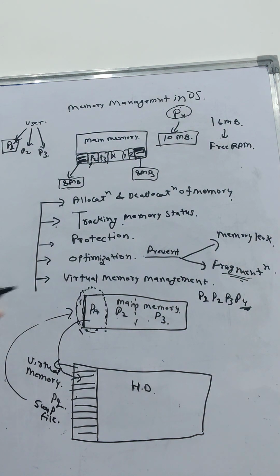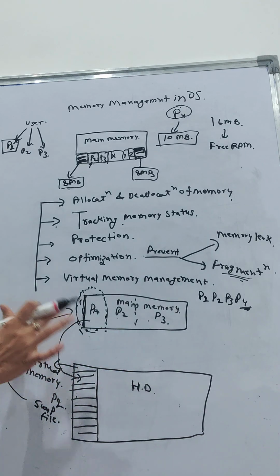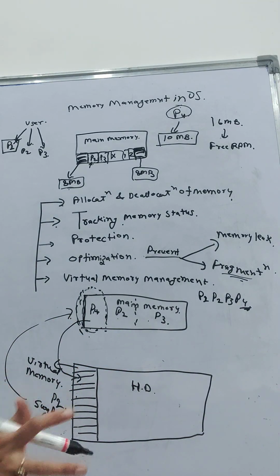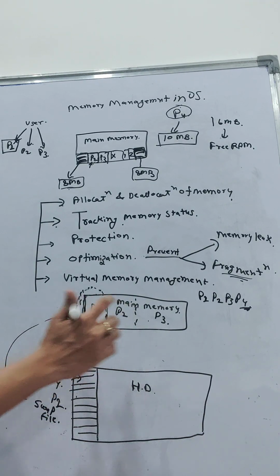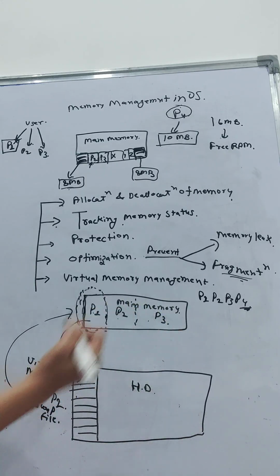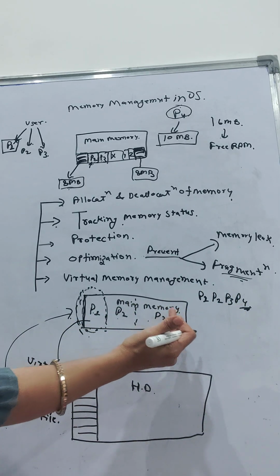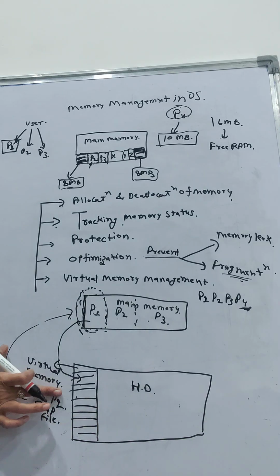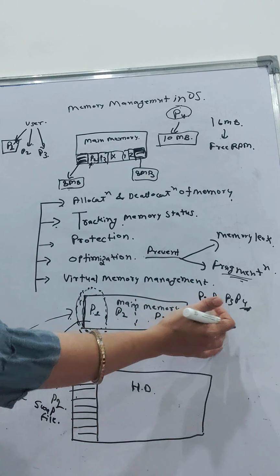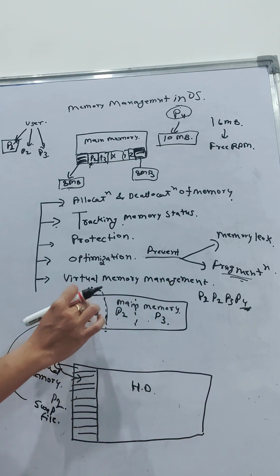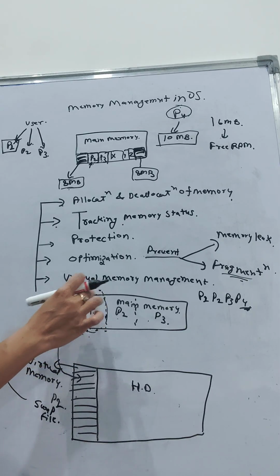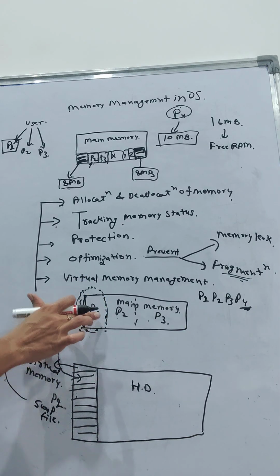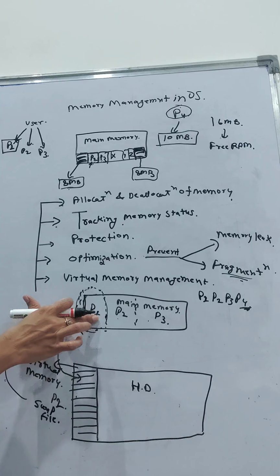I will explain this virtual memory concept in short once again. Suppose P1, P2, P3 are running in the main memory. P4 will come, and we have a small part of the hard disk used as virtual memory. When P4 comes, the user has not closed P1, so we cannot remove it from the main memory. But this P1 is a less used process.